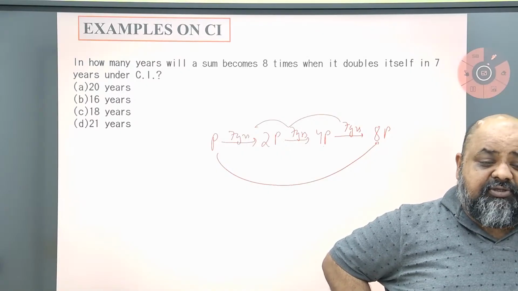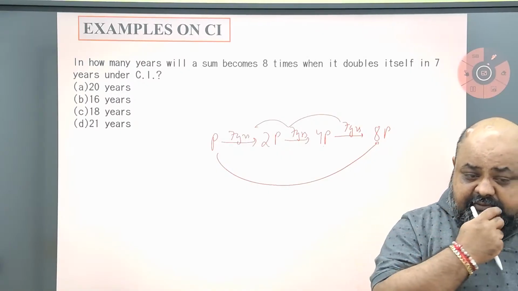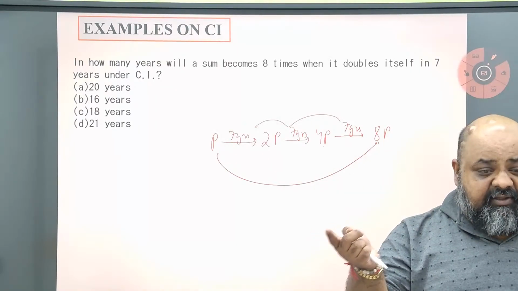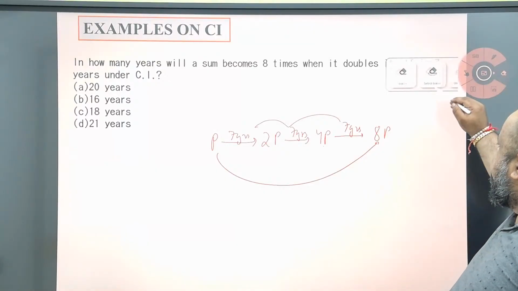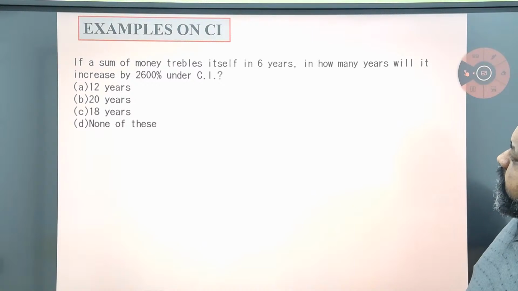So if I say 1000 rupees become 1500 in 5 years, that is 1.5 times. In the next 5 years, 1500 will become 1.5 times, 2250, and so on. Just look at this question.